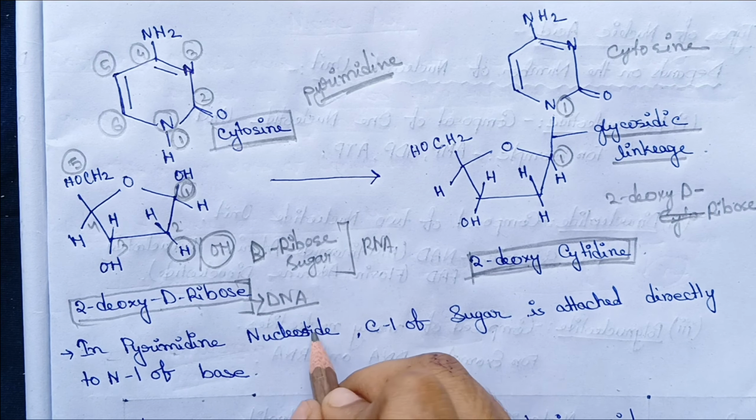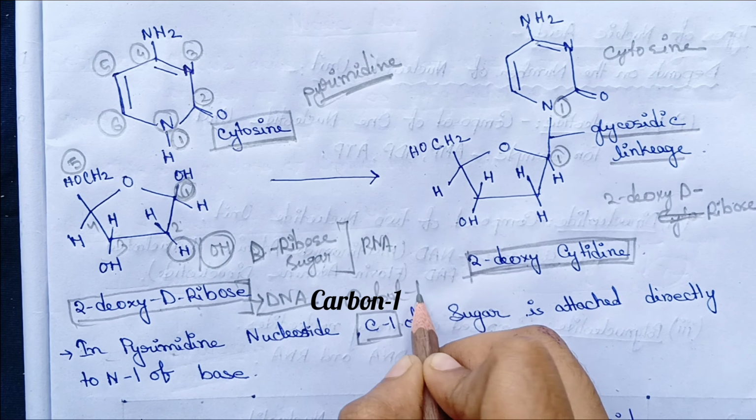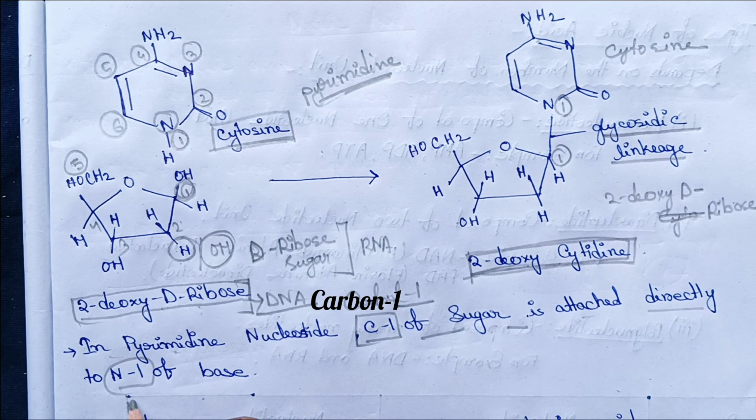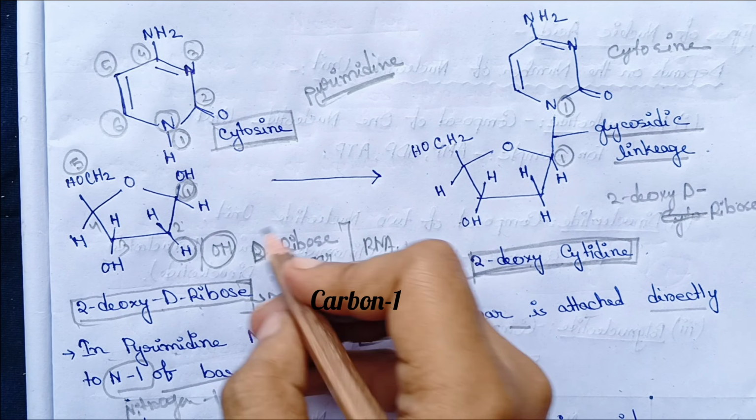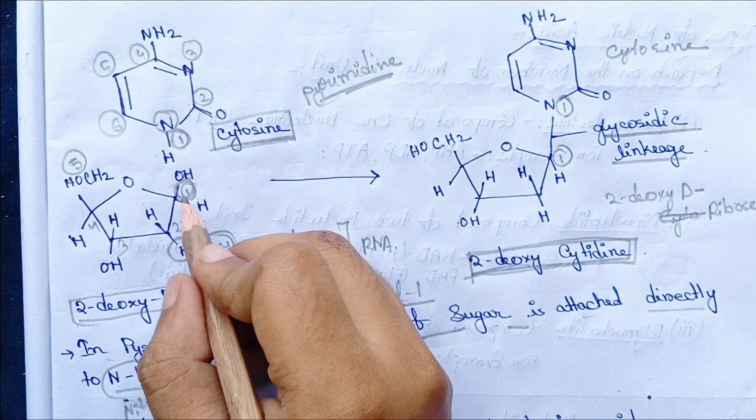In the pyrimidine nucleotide, C1, carbon 1 of the sugar molecule, is attached directly with N1, nitrogen 1 of the base. Nitrogen 1 of the base and C1 of the sugar.